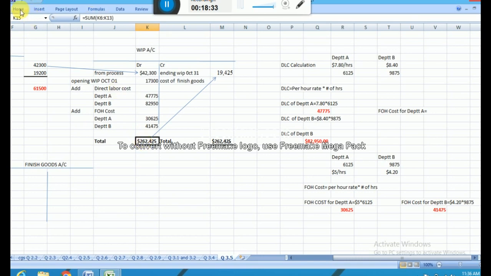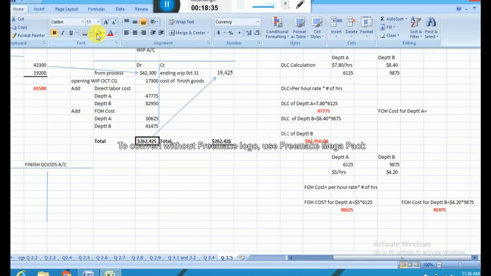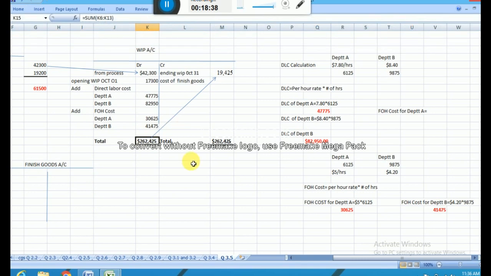Which amount do we subtract? So simple. From 2,62,425 we will subtract 19,425.